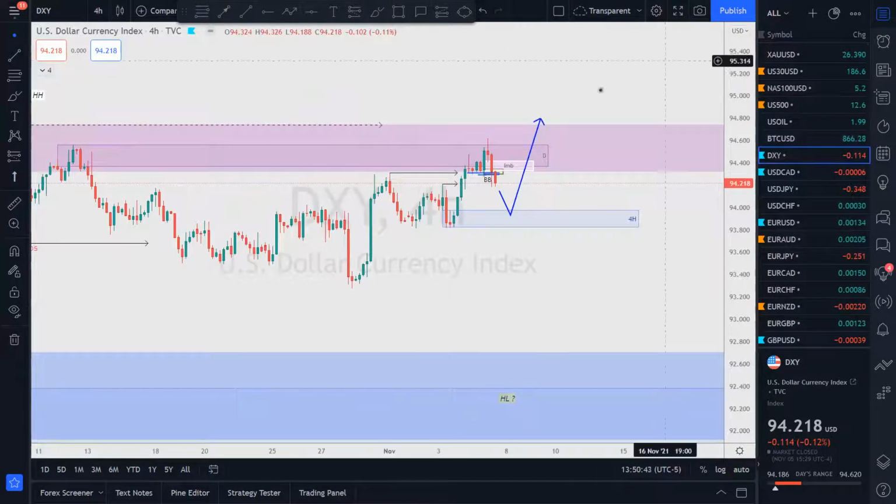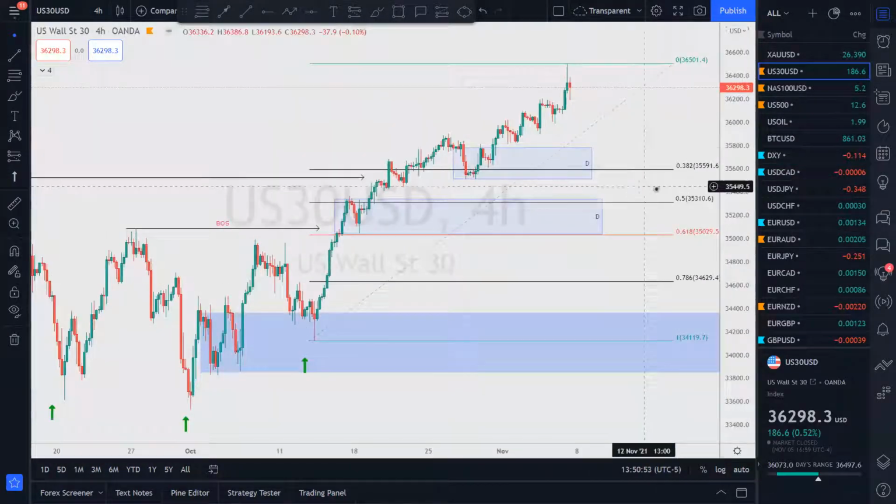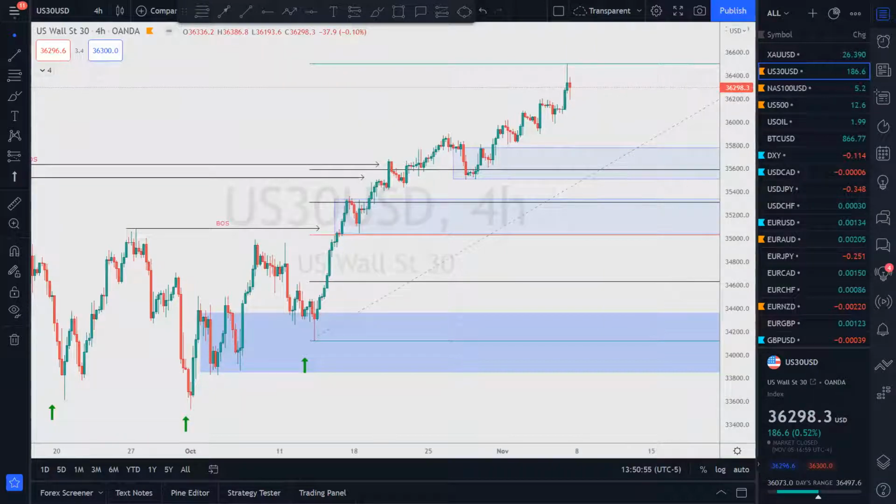I'm trying to keep things in balance and properly correlated between the indices and the Dixie. So we're going to keep an eye on things. The Fed is talking about tapering, starting to taper and all this good stuff, and we've got to keep an eye on what's happening with the economy.